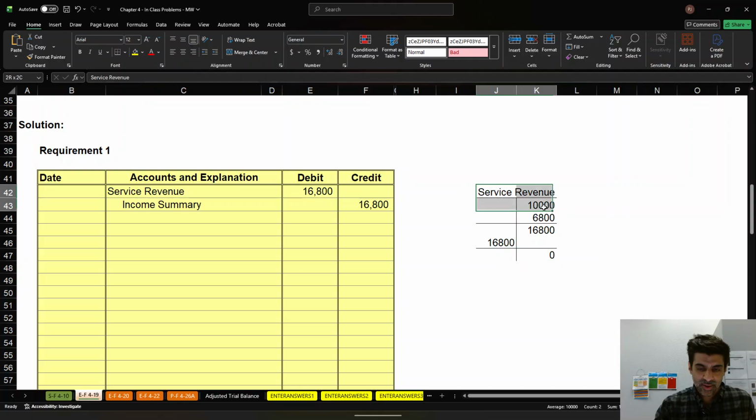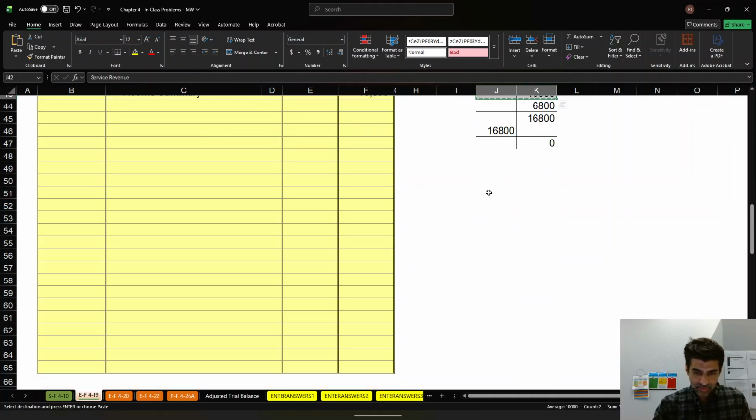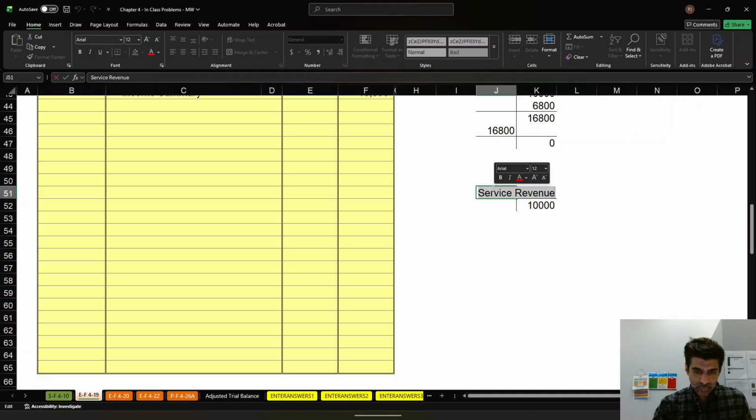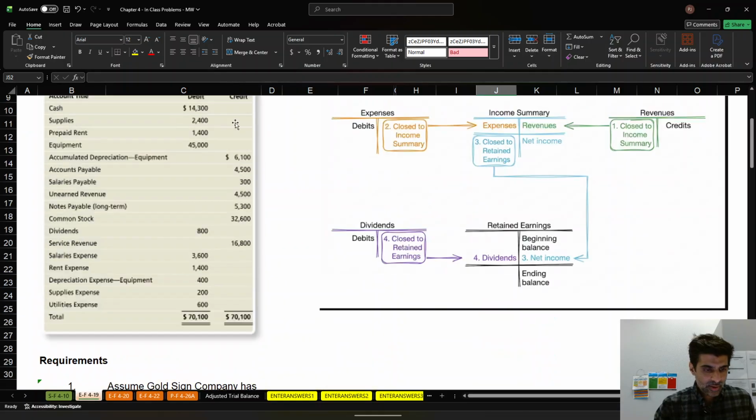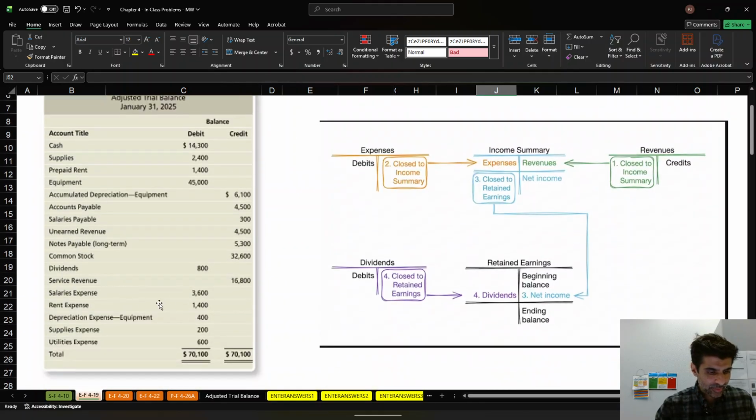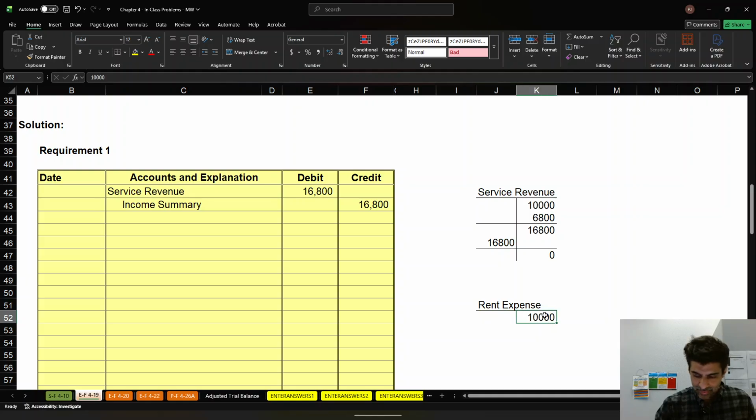The same thing here. If we took this rent expense, what was the balance? $1,400 debit balance. Whatever the transactions were, it gave us a balance at the end of the period.